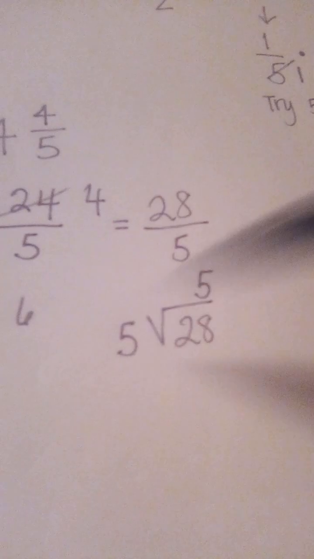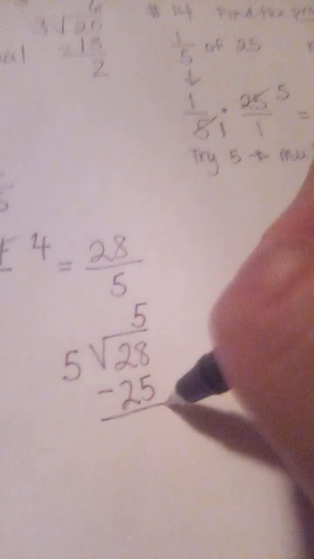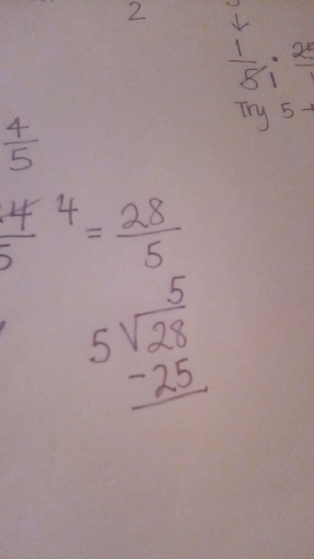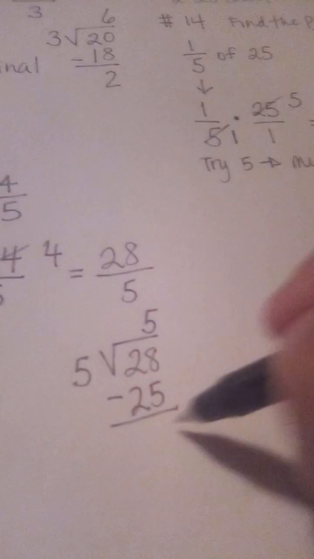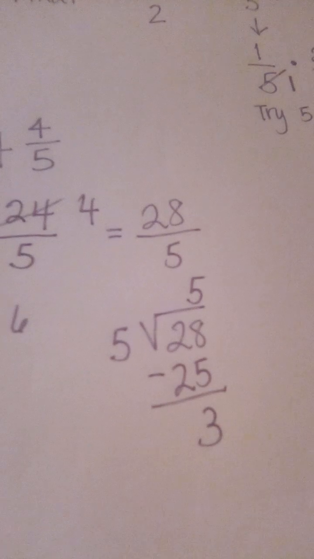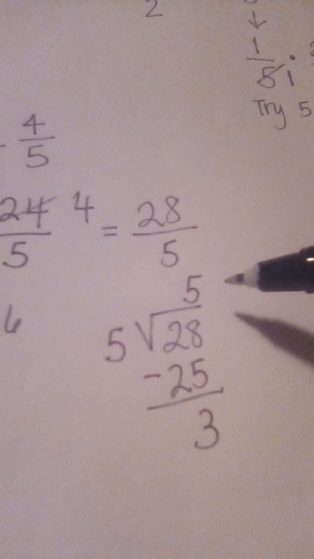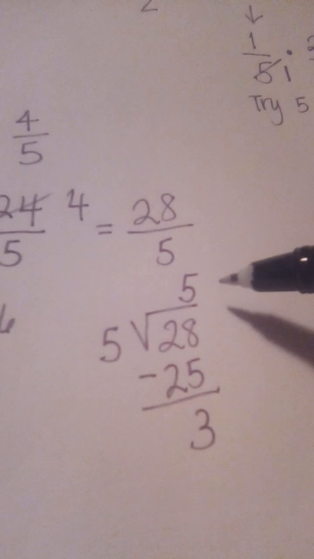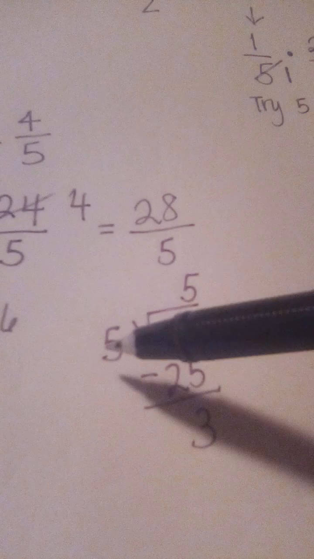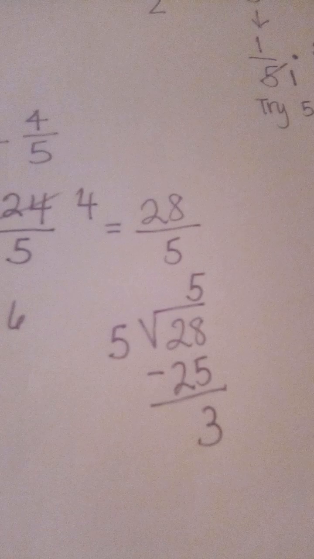5 times 5 gives us 25. The difference between 28 and 25 gives us 3. Are we finished? Yes. What goes first? The 5 as a whole number, the 3, or the 5 outside the box?